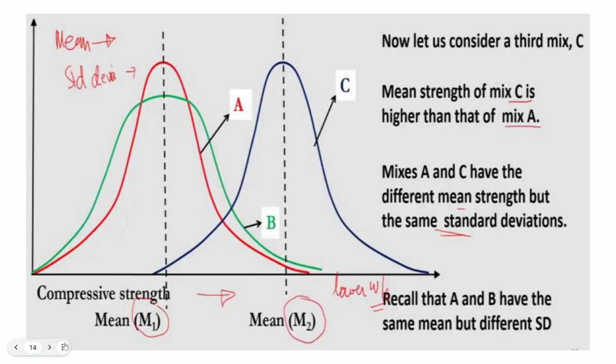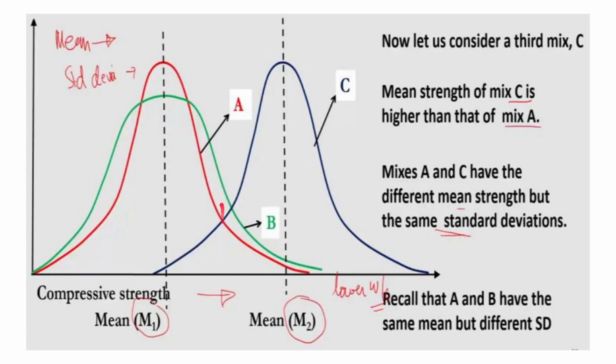Okay, so if we see here, there are three standard normal distribution curves, A, B, and C. If we see closely, we will find that C and A have almost similar standard deviation, but the mean strength of C is greater than the mean strength of A. Similarly, as we discussed in the earlier slide, if we compare A and B, both have the same mean strength but different standard deviation.